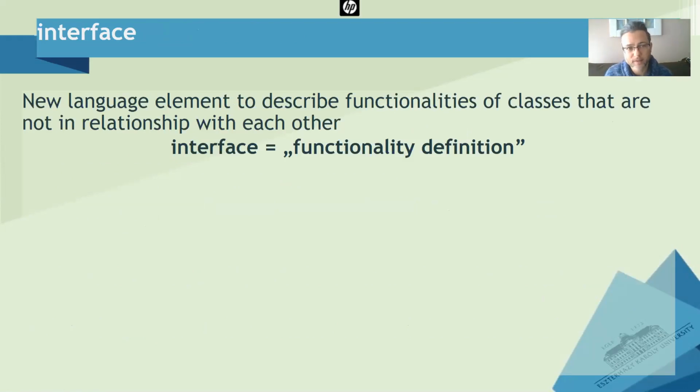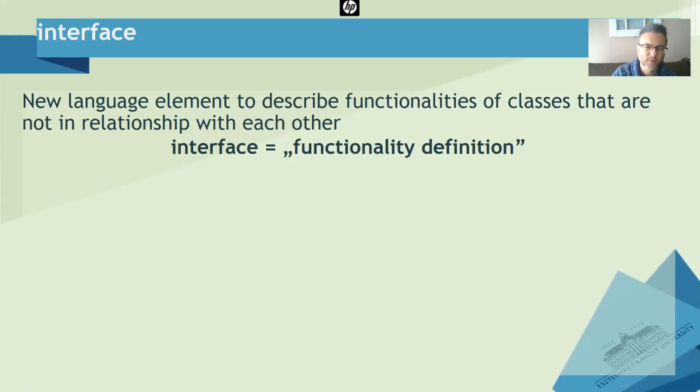So this is where interfaces come in. Basically, an interface describes a functionality of classes. You can implement this functionality, apply it to classes such as the Student class, the Car class, whatever class.